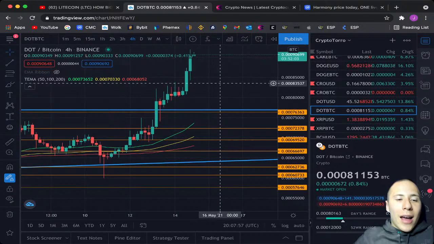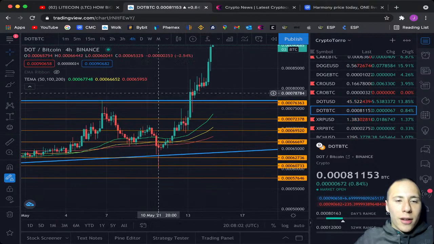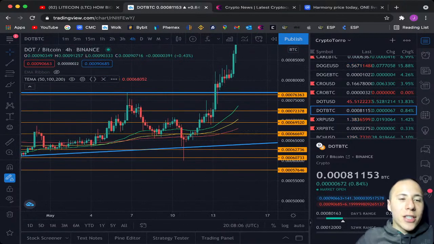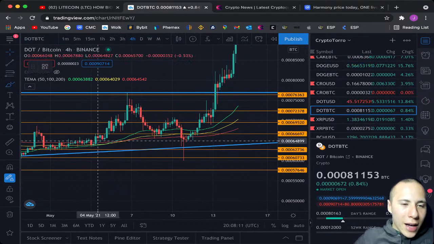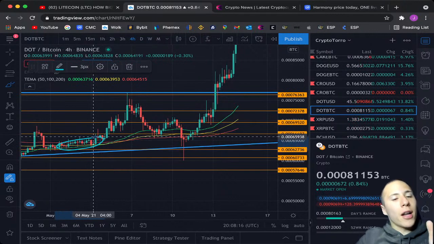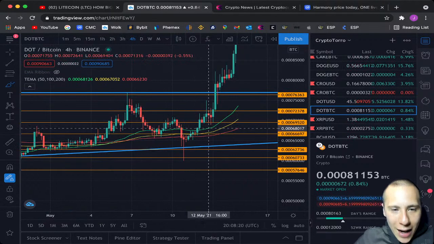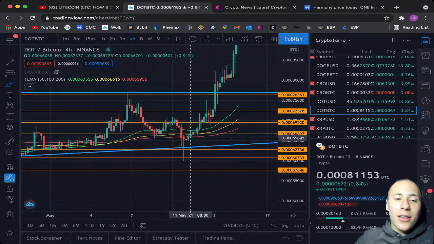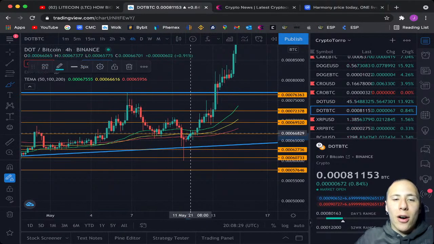And as we saw on Cardano, but as well on many cryptocurrencies, as we saw on the Polkadot chart previously, when the moving averages act as support, then after that moment we are seeing a huge momentum towards the upside being created, and that's exactly what happened once again over here.